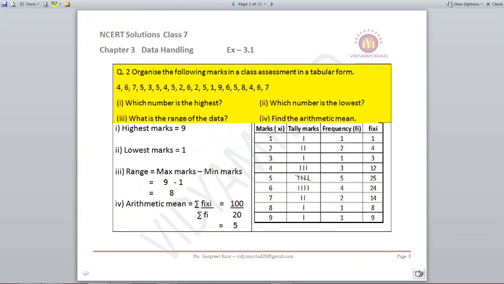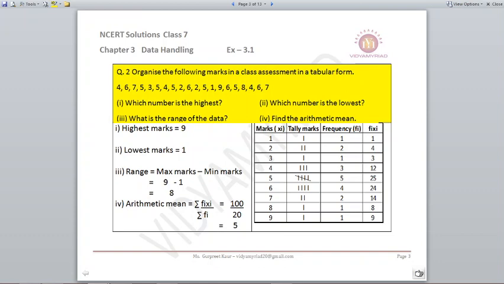This frequency is represented by Fi. Either you can add 4 plus 6 plus 7 plus 5 plus 3 like that, but it will be very difficult for you to do that, and for that we are doing it in this form. It will be quite easier for you.